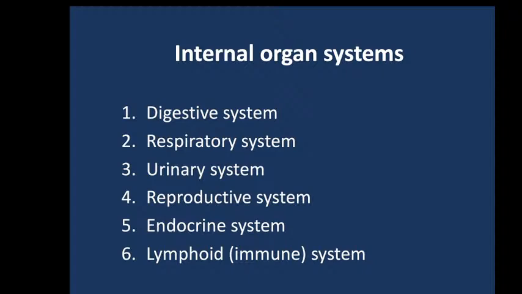A lot of organs are included in the digestive system, and we will start our study of Splanchnology with the digestive system. Then the respiratory system, which is also quite big and interesting. Then the urinary system, reproductive system, and endocrine system.